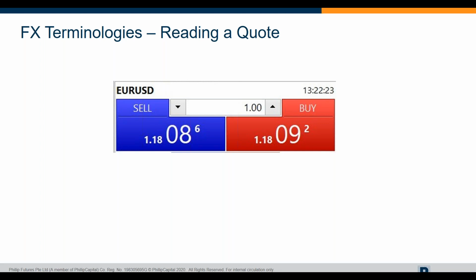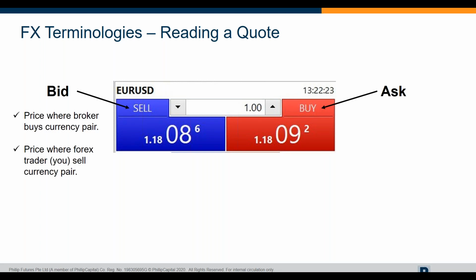It is very normal that currencies are always quoted in the sell and buy, or in other words, the bid and the ask. The sell on the left side is called the bid price, and the buy on the right side is called the ask price. So what is the bid price? Bid price is the price where the broker buys the currency pair from you. It also means that it is the price where you and I, who are the traders, sell the currency pair.